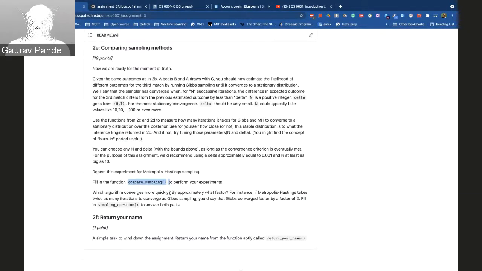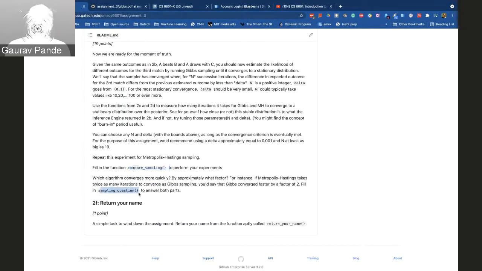And finally, in the sampling question, you have to see which algorithm is running faster. Let's say your Gibbs sampling runs for 100 iterations with some value of burn-in period and delta, and it converges. For image sampling, let's say it takes 200 iterations to converge with some value of delta or burn-in period.